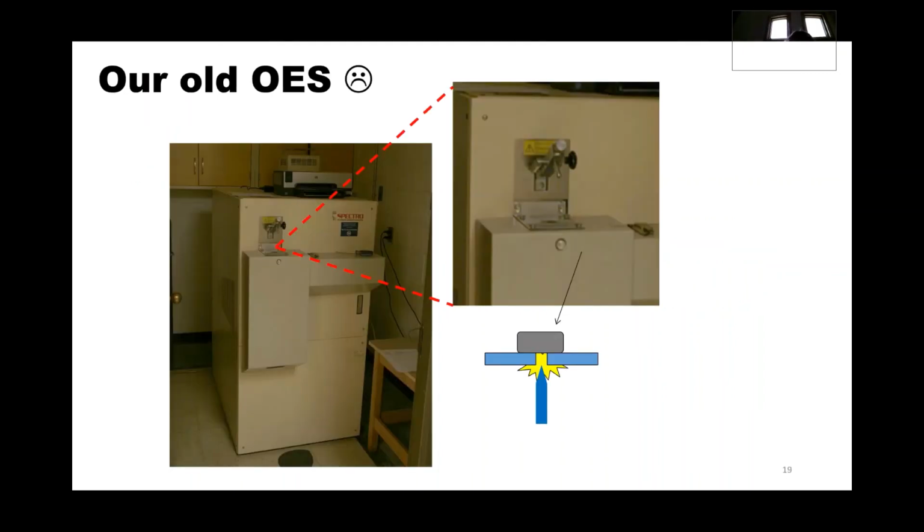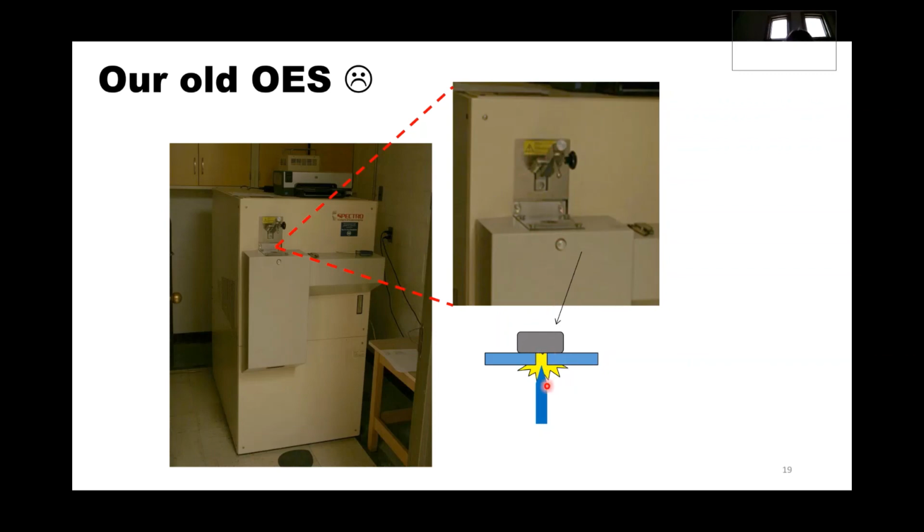Here's our old OES, and it was a nice instrument. I have a kind of crude schematic. You have your electrode here. You would put your specimen on top here, and then this electrode would hold it down.